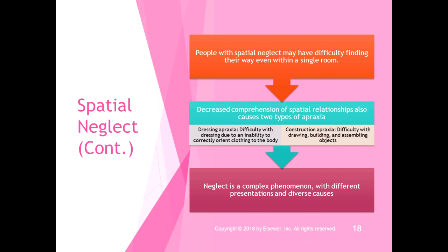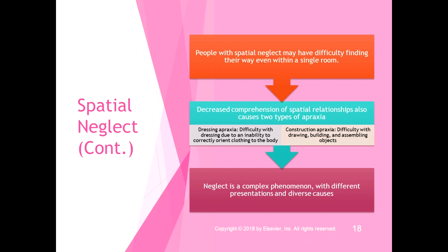Decreased comprehension of spatial relationships also causes two different types of apraxia. Remember, that's difficulty with performing sequences of movements. So dressing apraxia is difficulty with dressing due to the inability to correctly orient the clothing to the body.